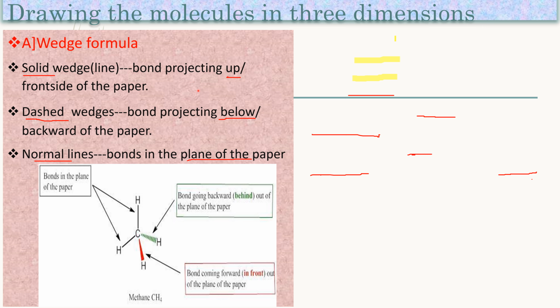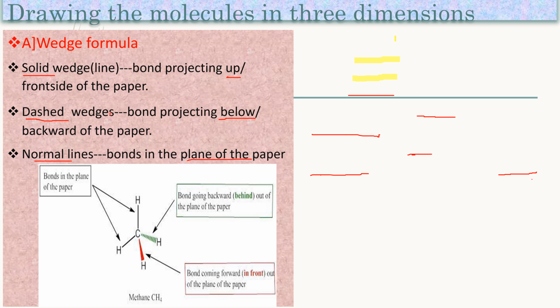If you keep the paper in the horizontal way, then in the upper plane of the paper the bonds shown by solid wedge will be present, and if you keep the paper vertically, then in the front side plane of the paper these bonds will be present, that is to the side of the reader, to our side, these bonds shown by the solid wedge or solid line.